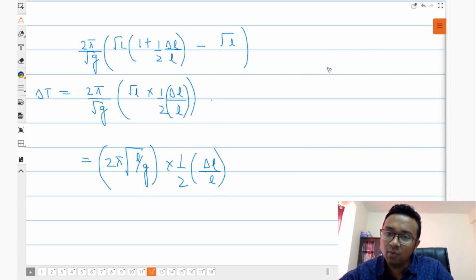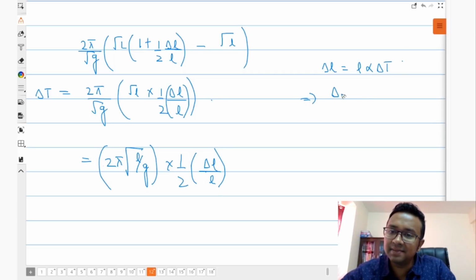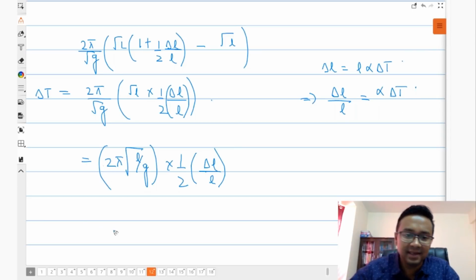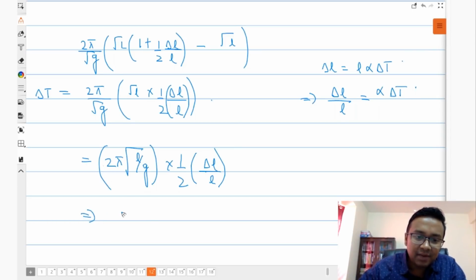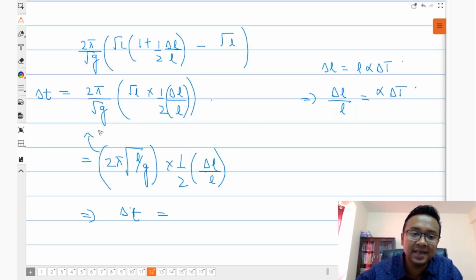Now students, we know delta L equals L alpha delta T, which implies delta L by L is going to be alpha delta T. So I think this is pretty much sorted. Delta T should be equal to, what is this equal to? The original time period, is equal to this. Clear?